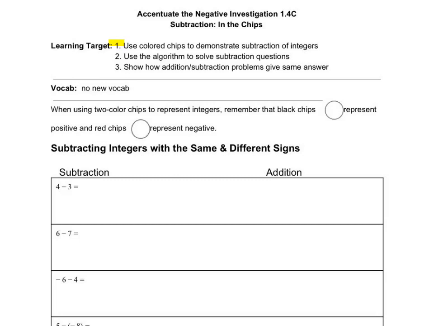But since you hopefully have a clear understanding of the chips and how the red and the black are opposites and cancel each other out, I'm going to also push us forward, which is the cause for learning target number 2 and 3, in using an algorithm to solve subtraction, and in that algorithm show how addition and subtraction problems give us the same answer.